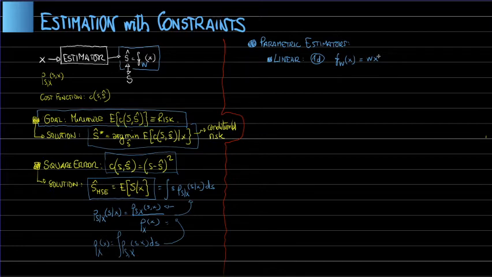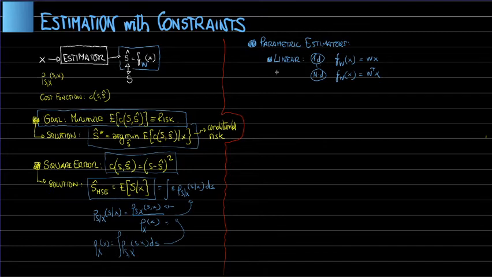Okay? And in the n-dimensional case, f_W(x) could be W transpose x. That is a linear combination of the observations. Okay? This is the linear case.